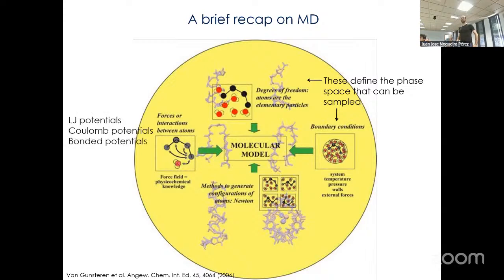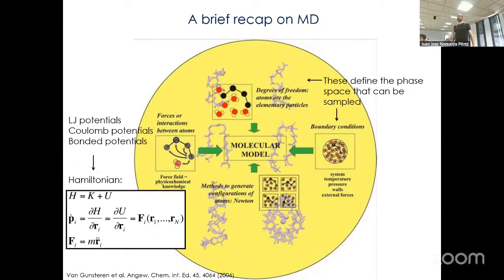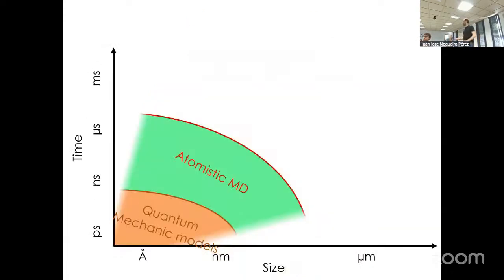Then you have the force field, basically the set of potentials that govern how your molecules interact intra and intermolecularly. And that constitutes your Hamiltonian, that then from there you can use Newton's equations to get the forces or calculate the accelerations on each of the particles. Particles will have masses, and using that you can know where they're going to be a bit ahead in time. So bringing it all together, you have your MD simulation.